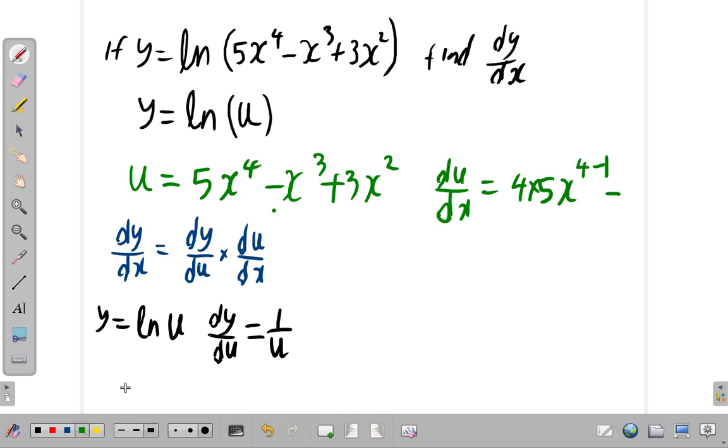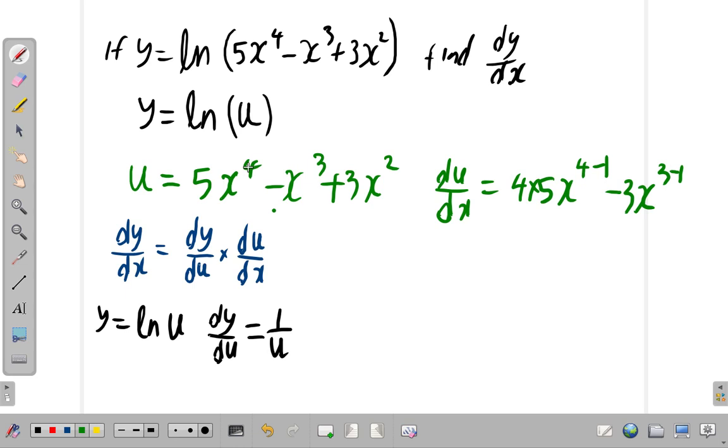Let's do this part now. You bring down the 3 and say 3 times what you have here. So it's going to be minus 3 times x to the 3, but then you need to reduce the old power by 1 to get the new power, so you minus 1.